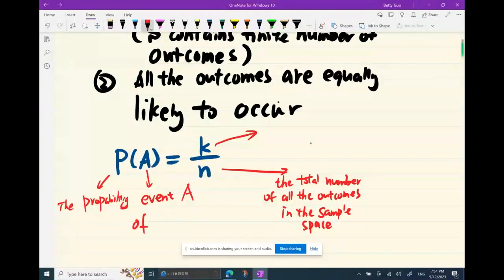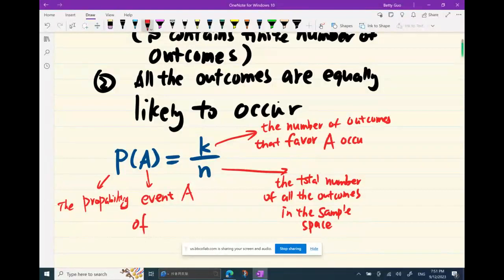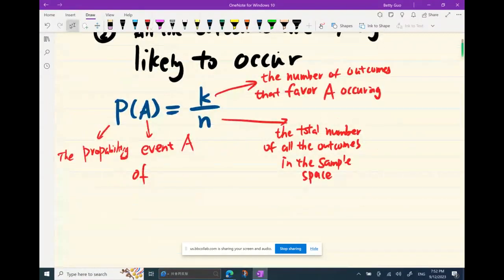The numerator is the number of outcomes in the sample space that favor event A occurring. Once I give you an example, you will understand right away. Earlier, we were talking about rolling a die. Let's do rolling a die again.